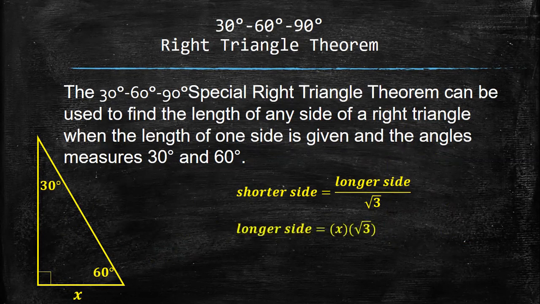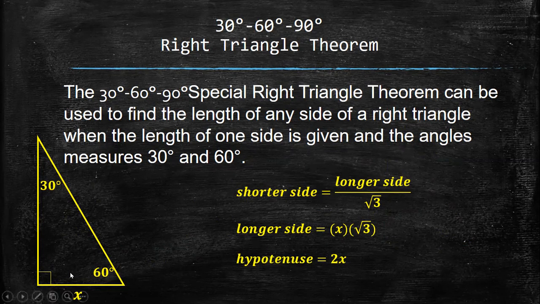To find the longer side, we multiply the shorter side by square root of 3. To find the hypotenuse, we double the shorter side.